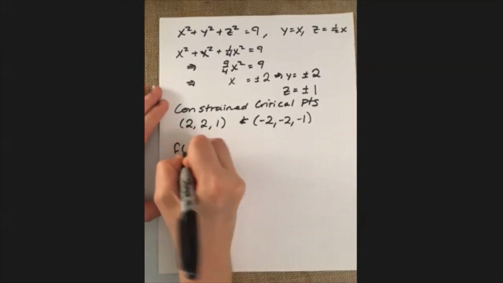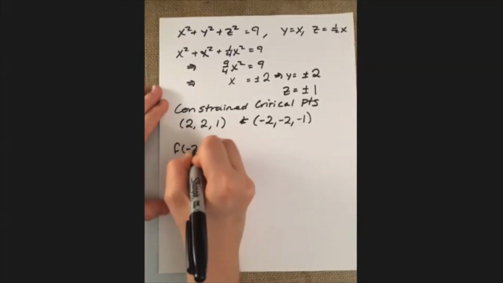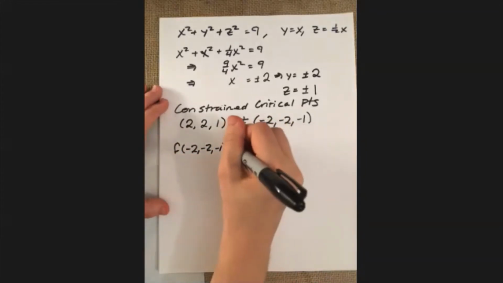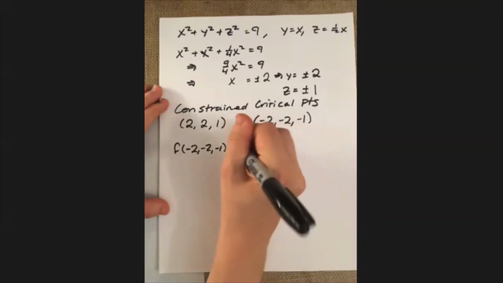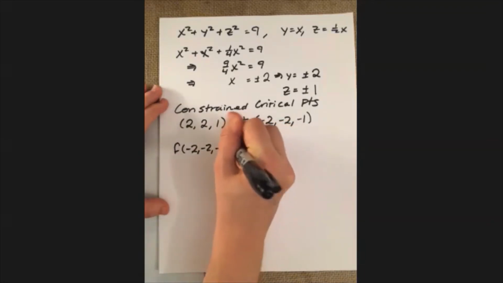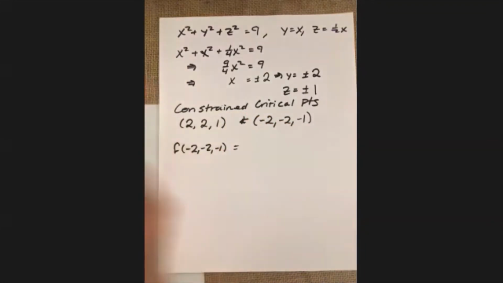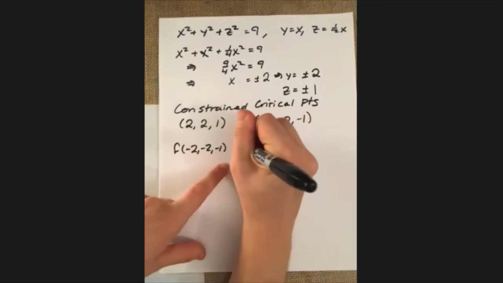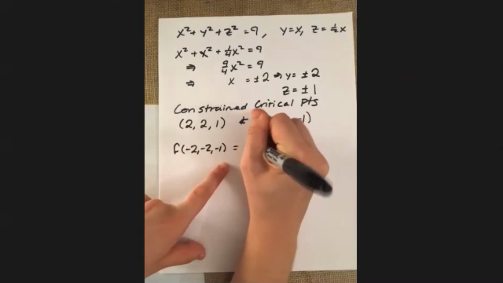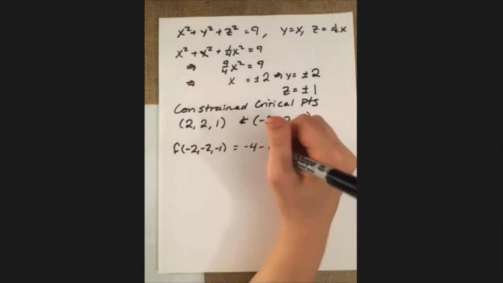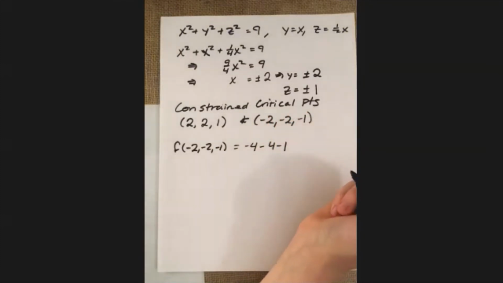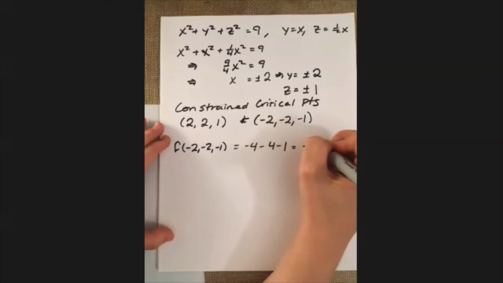So we have f at negative 2, negative 2, negative 1, if we want to start with that one. And that's going to give us, going back to our original function, 2 times negative 2, so you get negative 4 minus 4 minus 1, and that gives you negative 9.